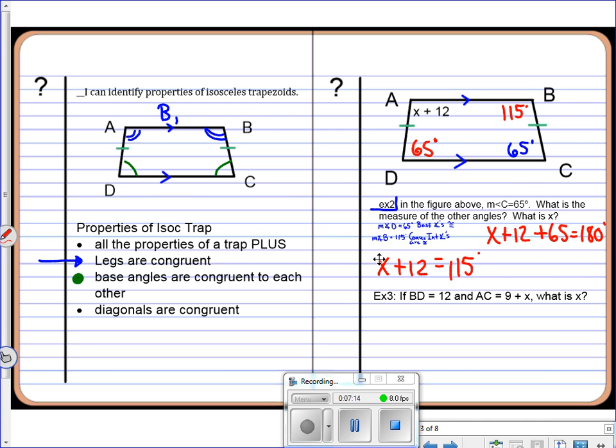Okay, either way I can solve for the x. It'll be the same one. I find the x plus 12 the simpler of the two. So we find x is equal to 103.